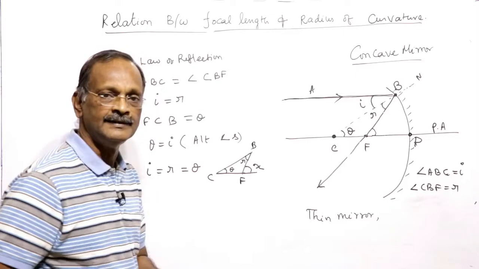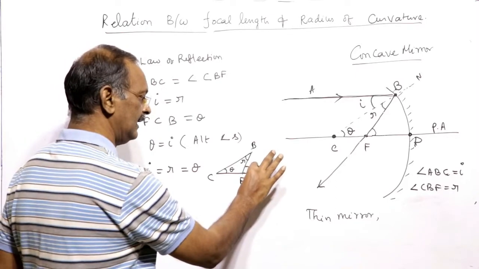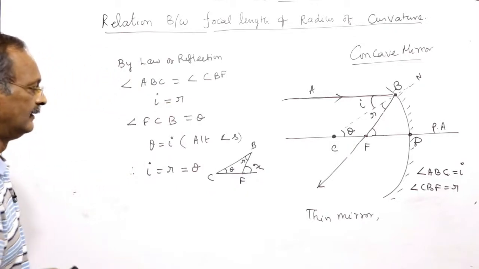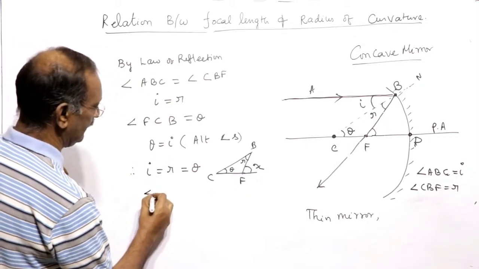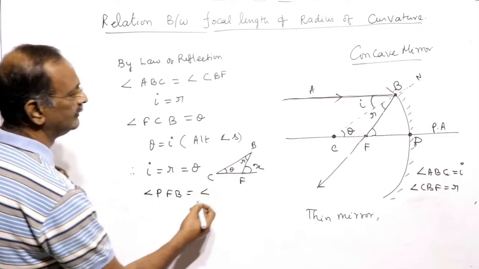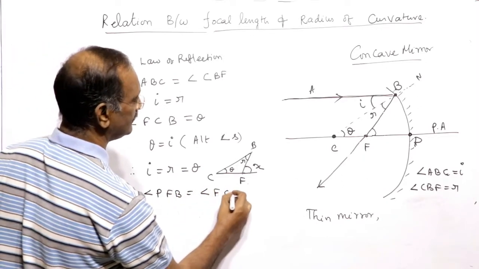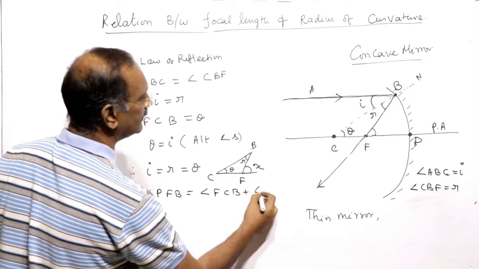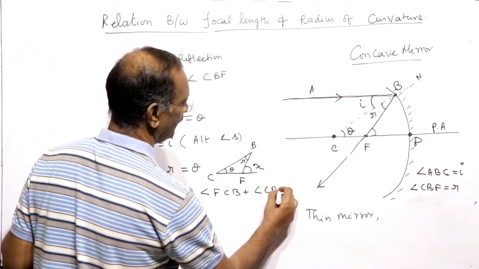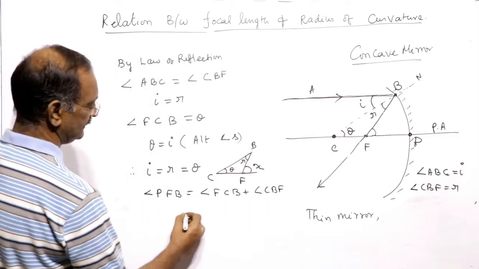We must have studied in geometry that the external angle of a triangle is equal to the sum of the internal opposite angles. That is, angle PFB is equal to angle FCB plus angle CBF.